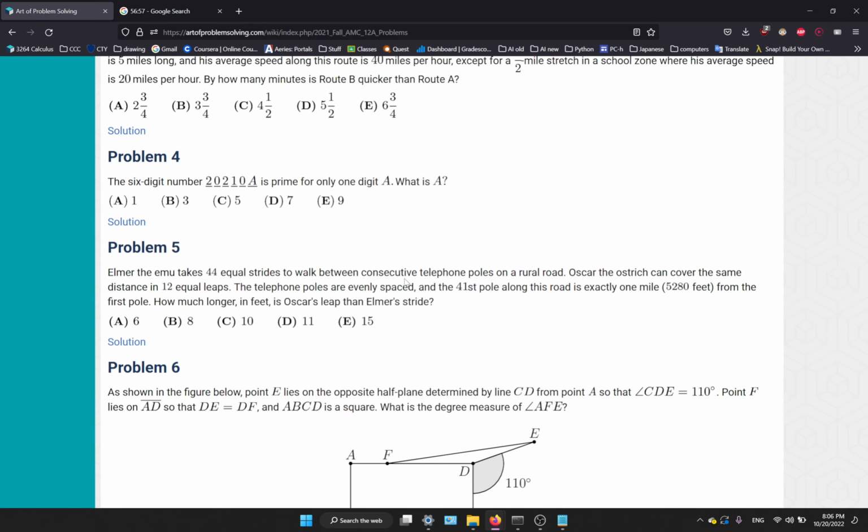Okay, I get it. So what this question is saying is telephone poles are evenly spaced, yeah? Between the first pole and the 41st pole, how many gaps do you have to walk? You can think about it like if I started from 0 and I went to 40, how many is that?